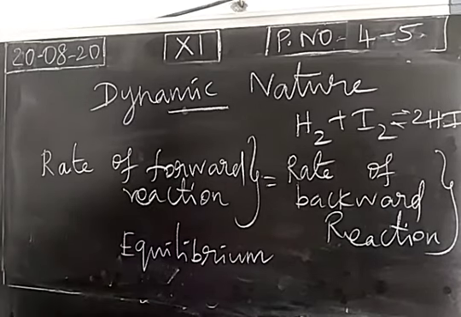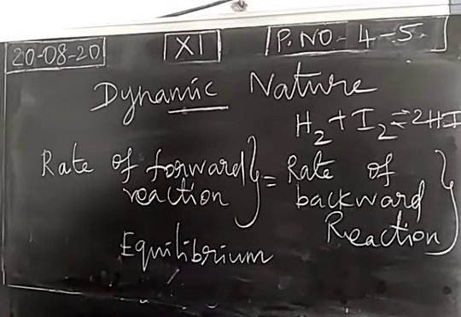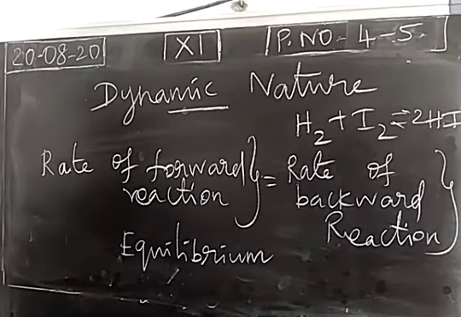For example, for the forward reaction, the time taken is 10 hours, and for the formation of hydrogen and iodine also, that means the rate of backward reaction is also the same, 10 hours. So rate of forward and reverse reactions will be equal. We call the situation the equilibrium state.